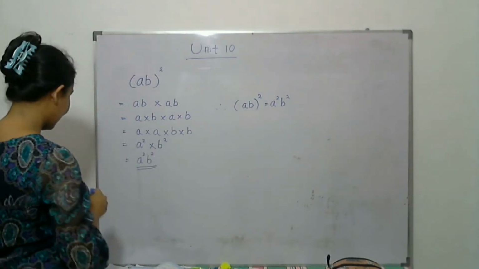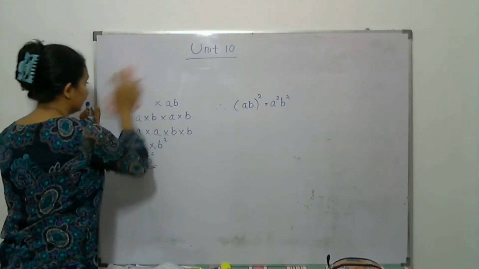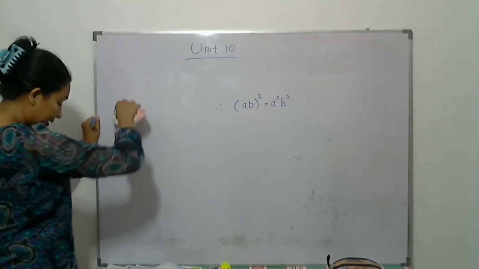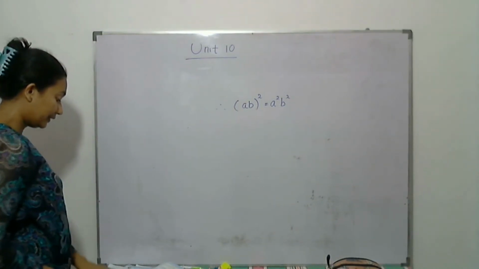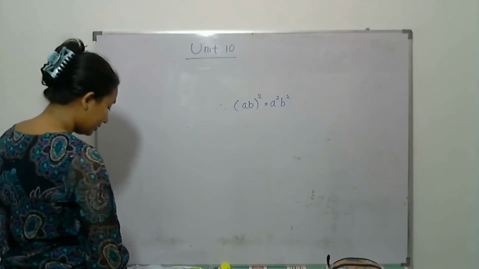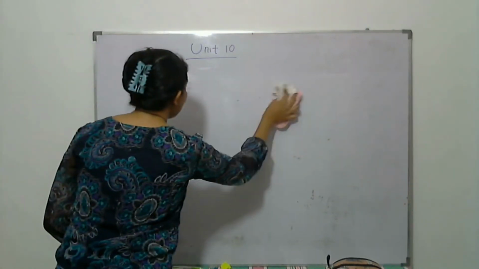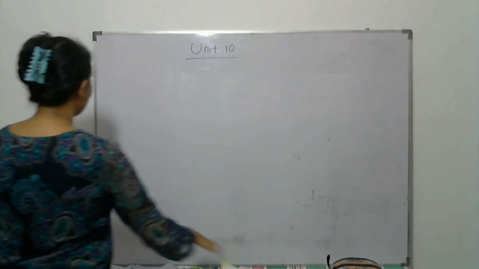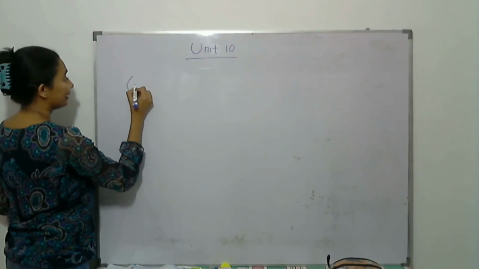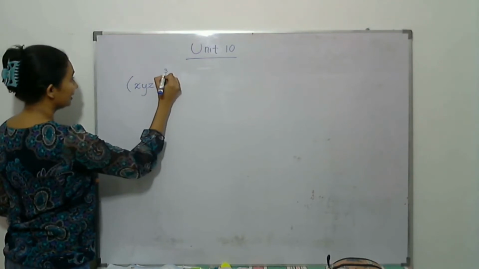Okay. Then, let's discuss another example. It is in your textbook also with the power 3. Instead of this one, you can copy the one given in textbook. AB to the power 3 as an example. Okay. Then let's see another example with 3 terms like this. XYZ to the power 3.